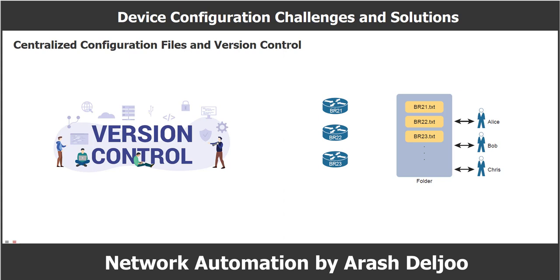With that model, the one network engineer can use the on-device startup config as the intended ideal configuration. If a change is needed, the engineer gets into configuration mode and updates the running config until happy with the change. Then the engineer saves a copy to the startup config as the now current ideal config for the device.